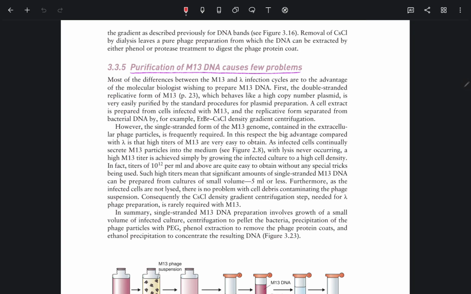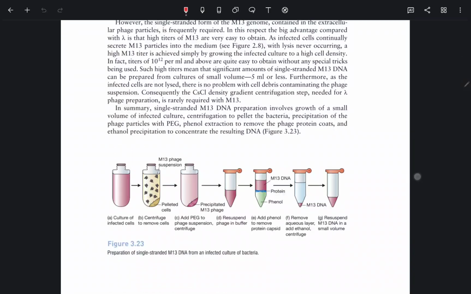A cell extract is prepared from cells infected with M13 and the replicative form separated from bacterial DNA by, for example, ethidium bromide and cesium chloride density gradient centrifugation.